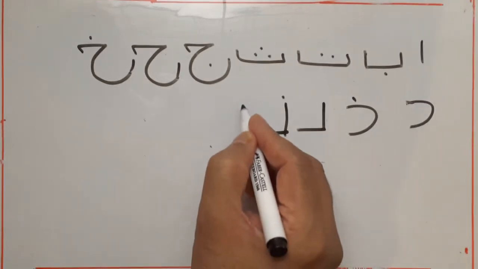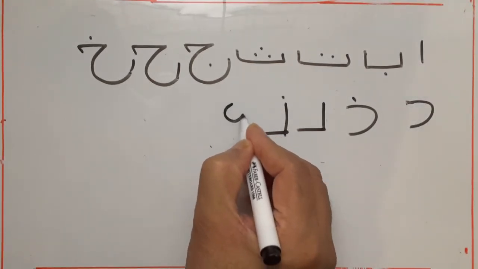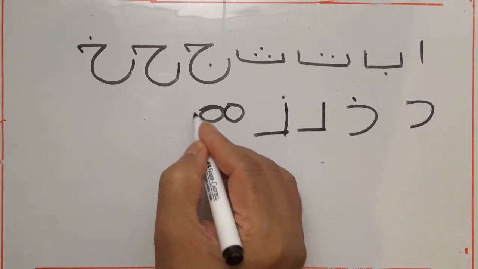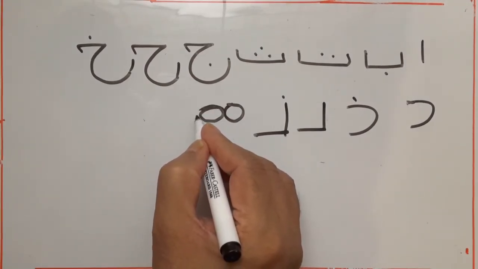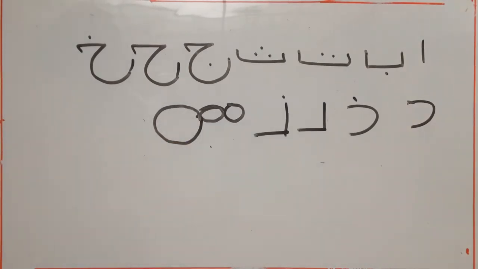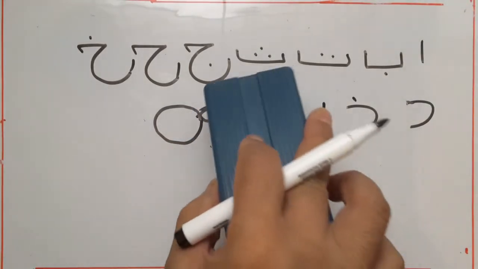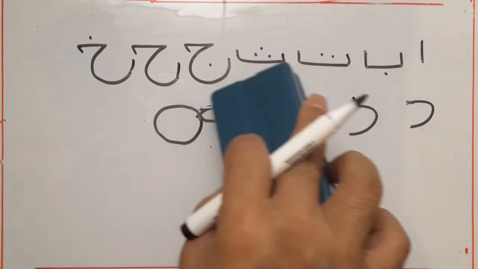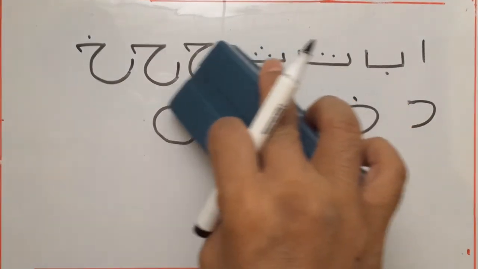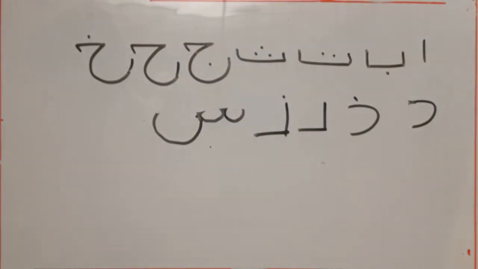Then if you have that shape there, three circles here, you can wipe off the top of this to give you a seen, for example.